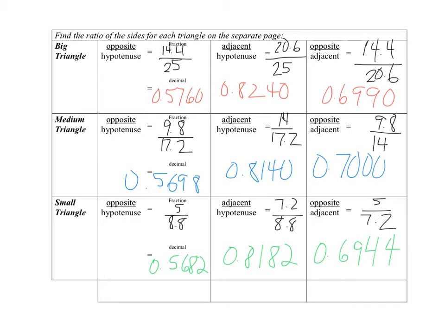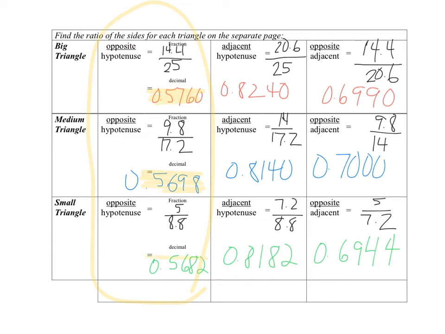So I want you to look at each of the columns here. Pay attention to this column because all of these are the ratio of the opposite over hypotenuse. And if you notice, these three numbers are really, really close.